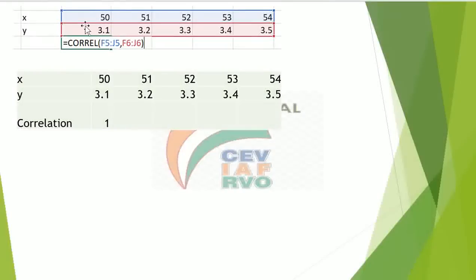Let us suppose you have a data set where the value of x is 50 and the value of y is 3.1, at 51 the value of y is 3.2, at 52 the value of y is 3.3, and so on. You can directly find the correlation of this series with the help of Excel. The formula is =CORREL.